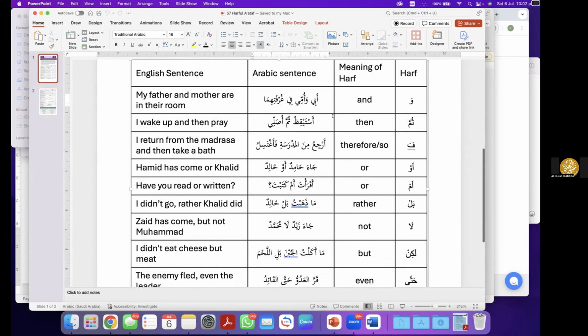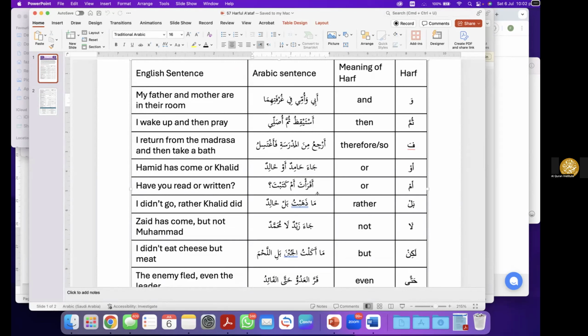Now, when you say a sentence like this, let me just ask somebody. Brother Rashid, do you want to try reading this? Which one was that? This one, for example. Astayqizu thumma usalli.